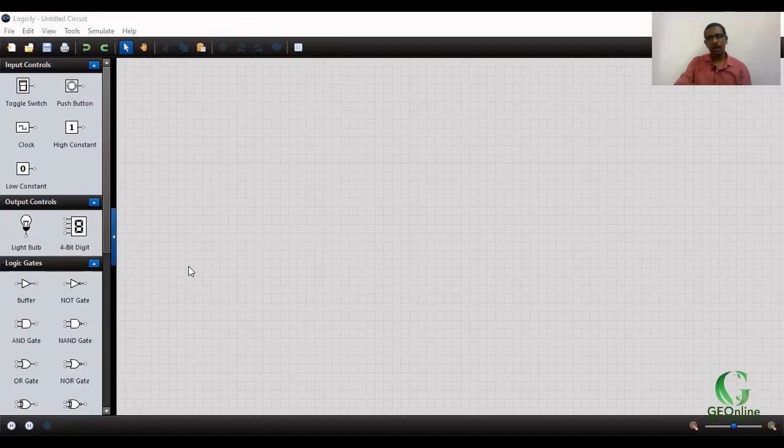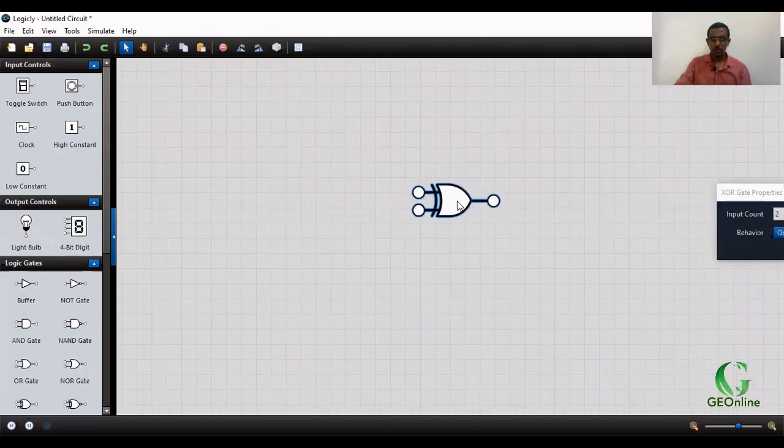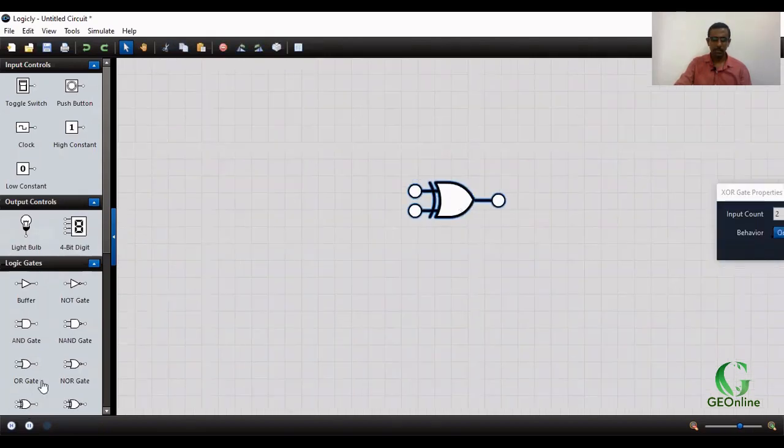Now let us see how our half adder works. For that we need an XOR gate for sum, then an AND gate.